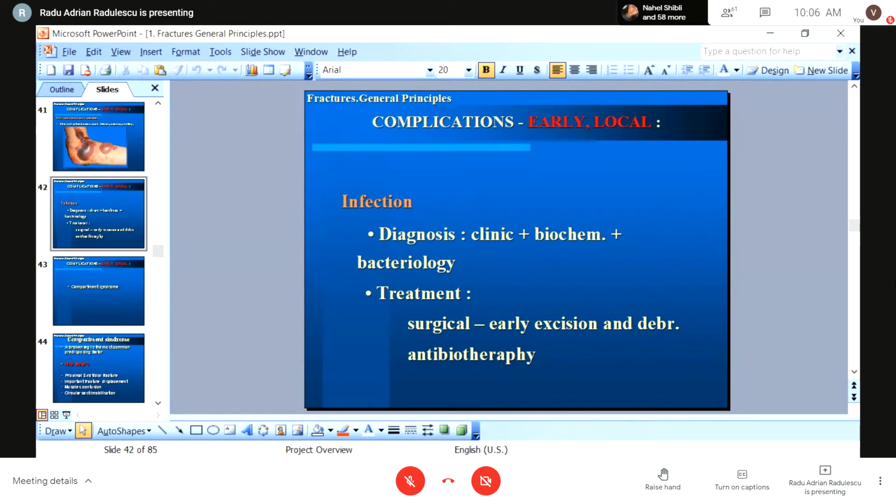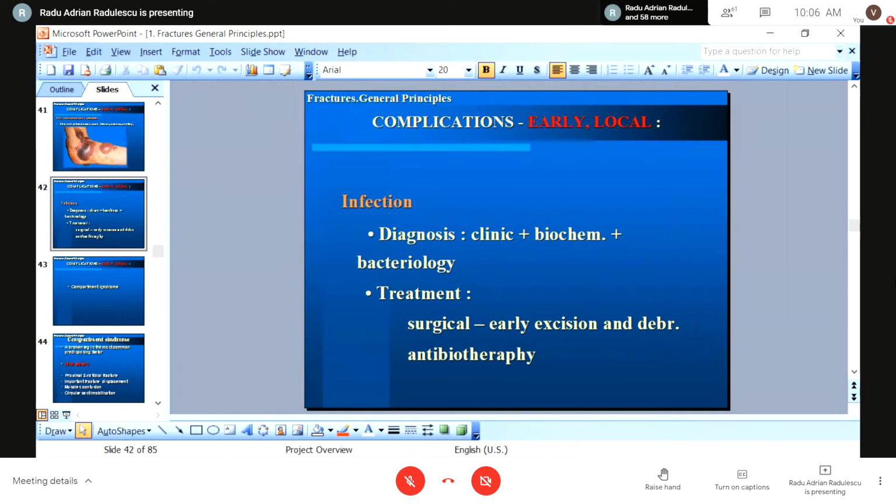So if a germ or germs go to the fracture site, the defense mechanism against infection acts very slowly and very inefficiently. That's why we must very much fear bone infections, because by natural mechanisms they will not be healed easily.